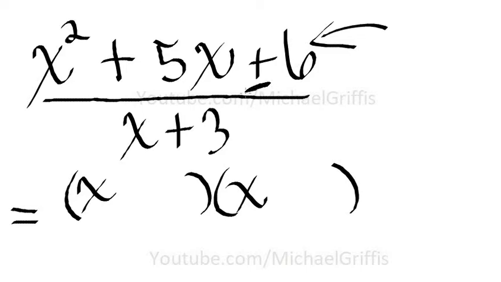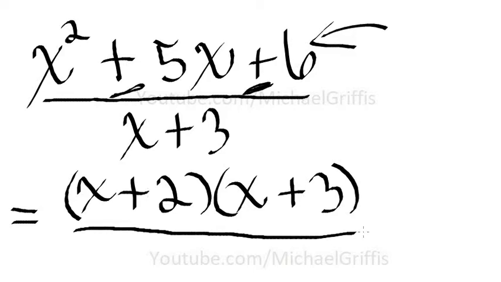Now remember, this is a positive number here, so they've got to be either both negative or both positive. Considering this is positive, they're going to both have to be positive, right? So two numbers. What about 2 and 3? 2 times 3 is 6. 2 plus 3 is 5. So there you go.